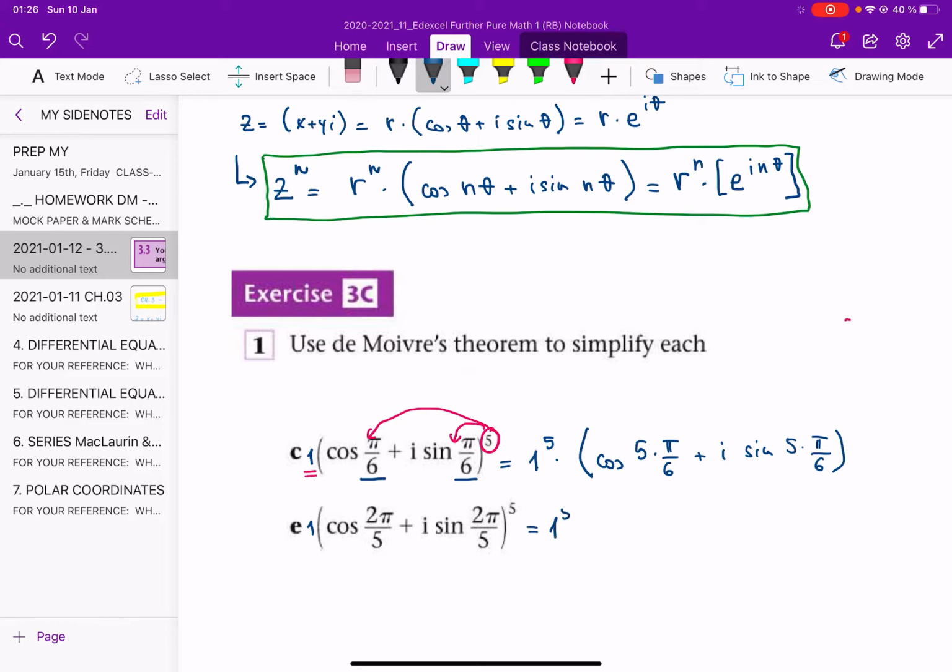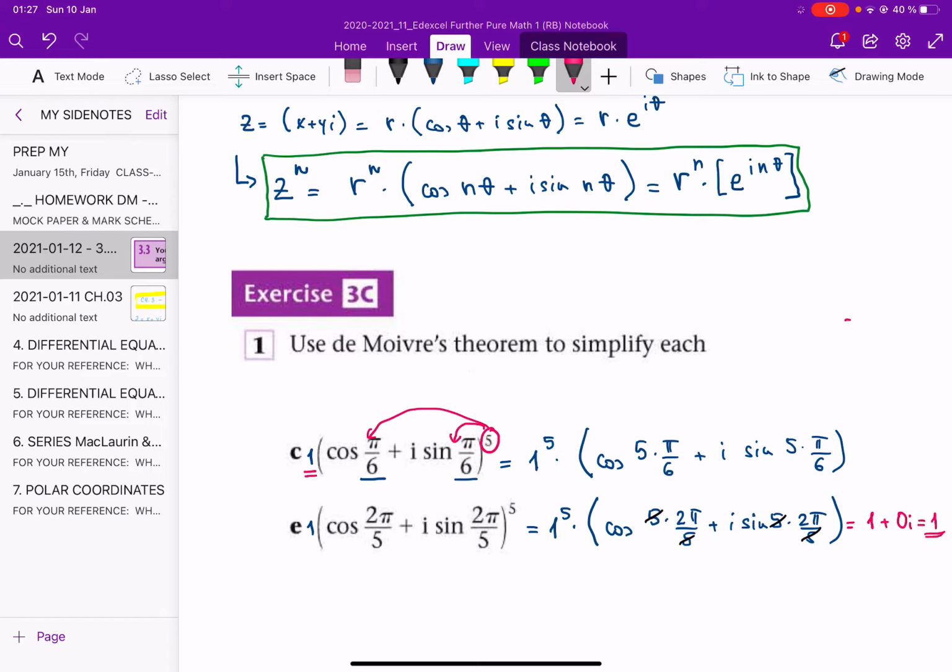It's 1 to the power of 5. Cosine, and it would be 5 times 2 pi over 5 plus i sine 5 times 2 pi over 5. But what you can notice, in the first case and second case, I can also simplify it, because the 5s cancel out. So then this one can be written as cosine 2 pi is 1, and sine 2 pi is 0, so plus 0i, or actually just 1.